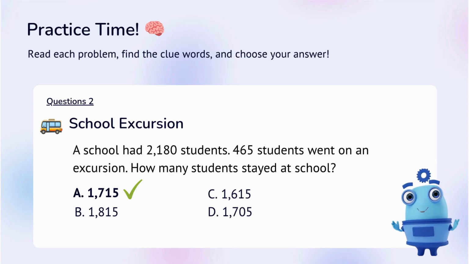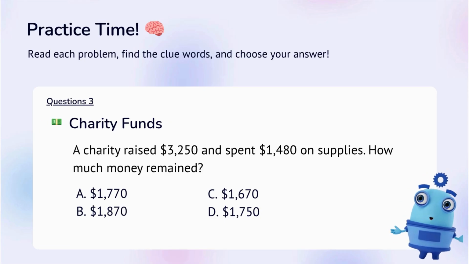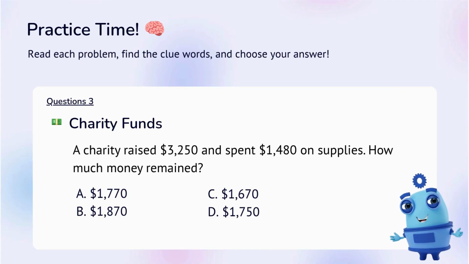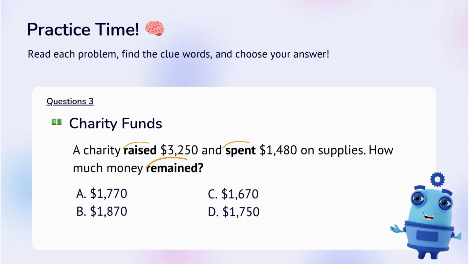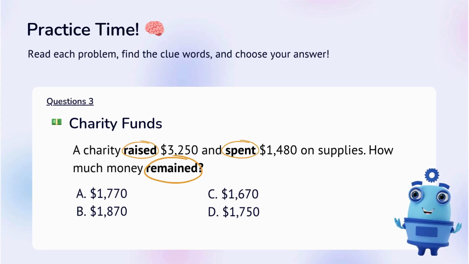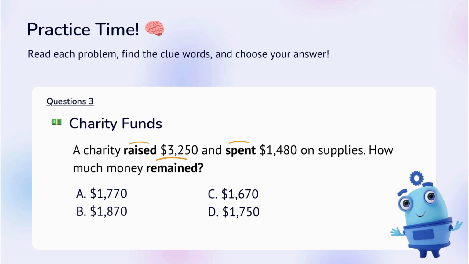Okay, now let's go to the next question. Here's question number 3. Charity funds. A charity raised $3,250 and spent $1,480 on supplies. How much money remained? The clue words are raised, spent, and remained. Since money was spent, we need to subtract to find how much is left.